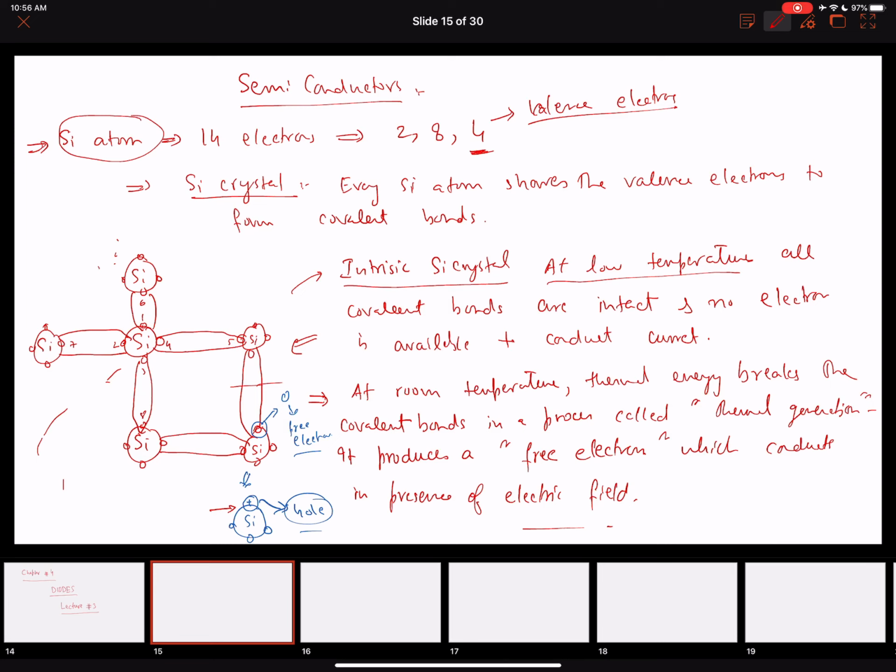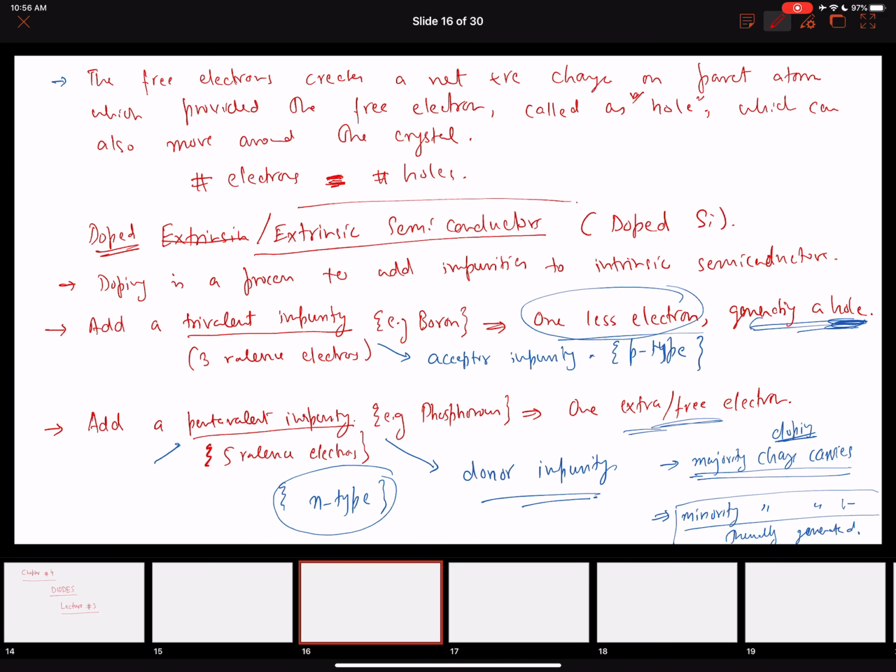However, as temperature increases, these bonds will break down, and one of the valence electrons of a single atom can become free, and as it departs, a net positive charge will appear on the silicon atom. So this creates an electron hole pair. So the number of electrons and number of holes are the same in intrinsic silicon.